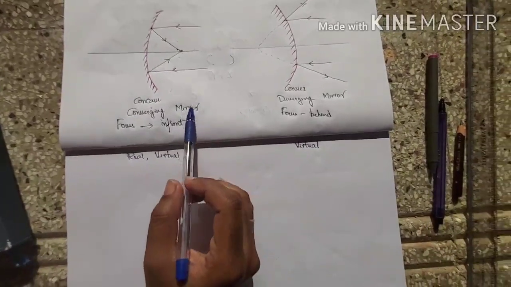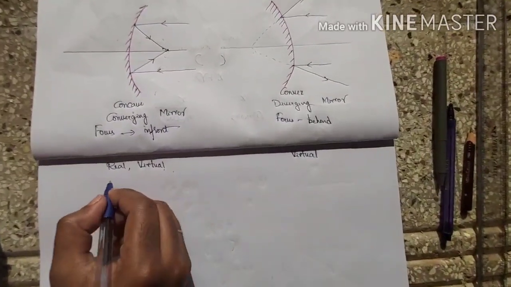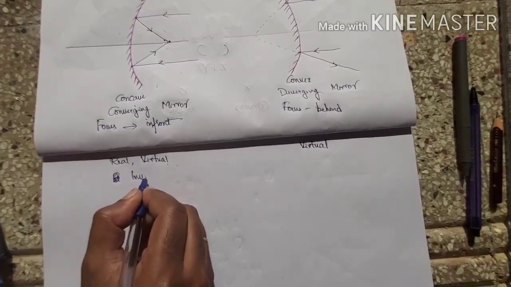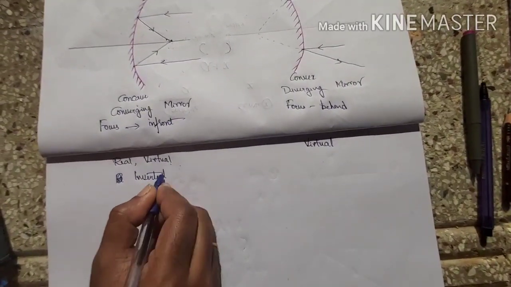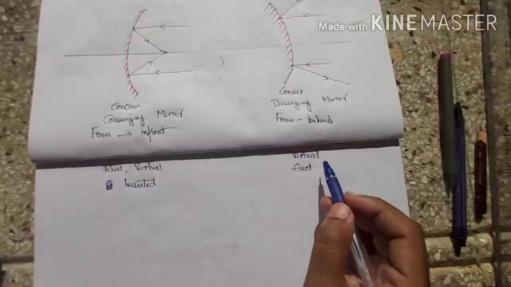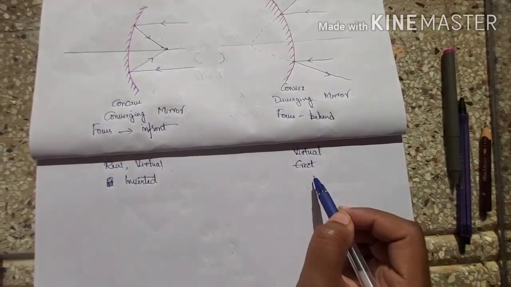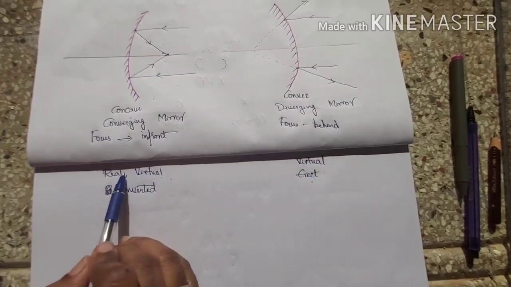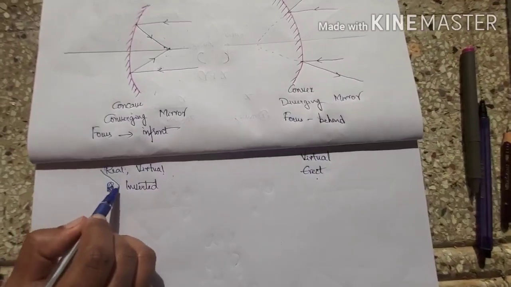And here, the images formed by a concave mirror are inverted images, inverted upside down, whereas here they are all erect. So just remember, when you see the word virtual, the image is always erect, like as usual, whereas for real, the word will come in a pair with inverted.